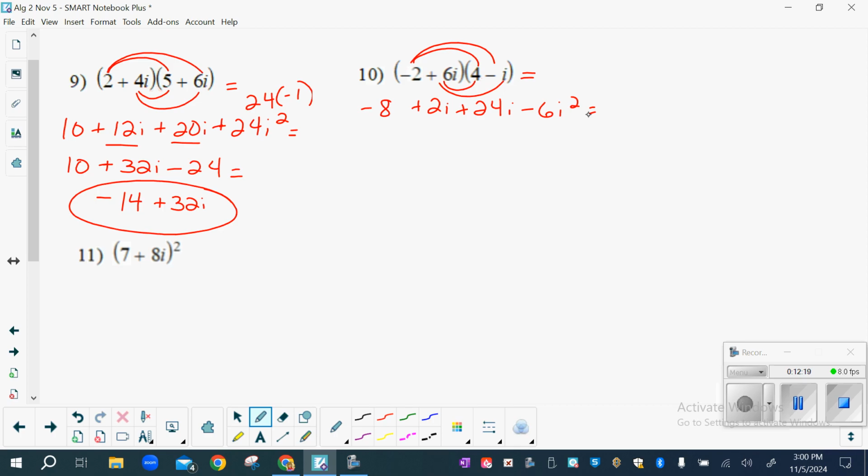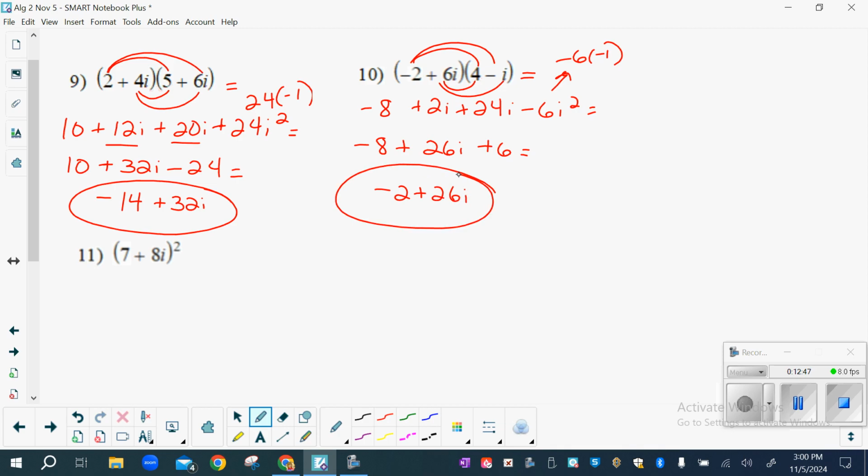You combine like terms. Yeah, so you get a negative 8 plus how many i's? 26i. And then maybe do this over on the side. Negative 6 times negative 1 is plus 6. And then what would our final answer be? You just have a negative 2 plus 26i. Yes.